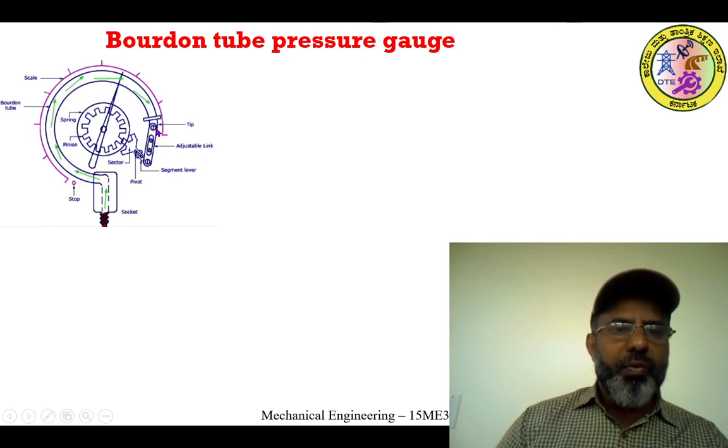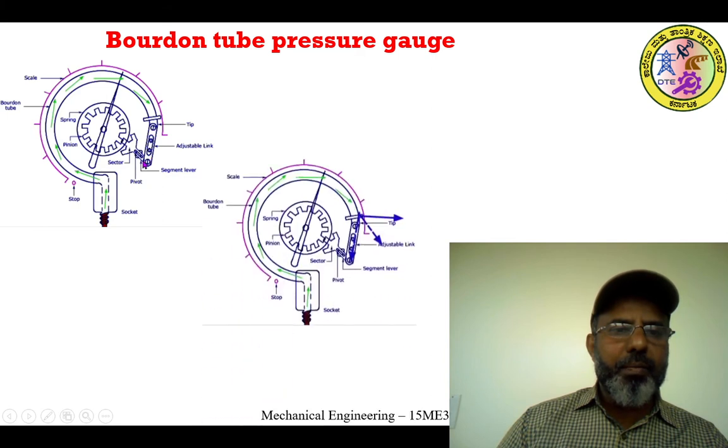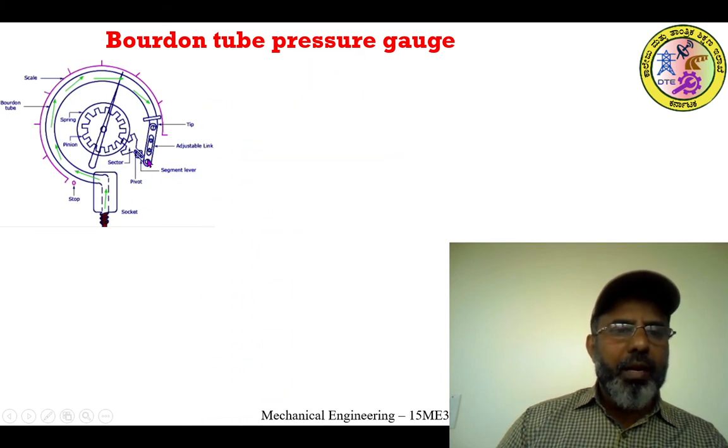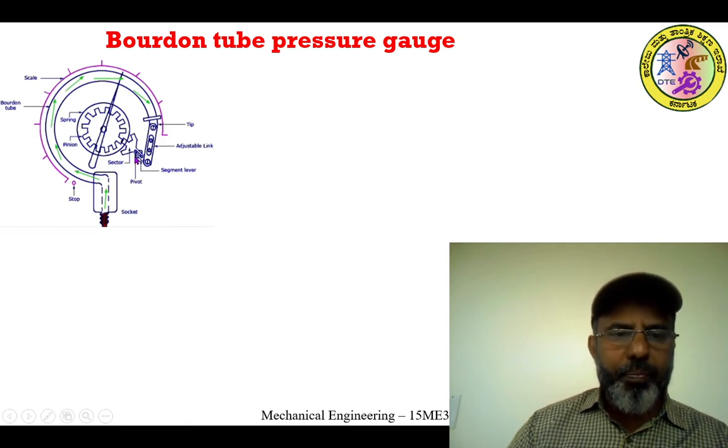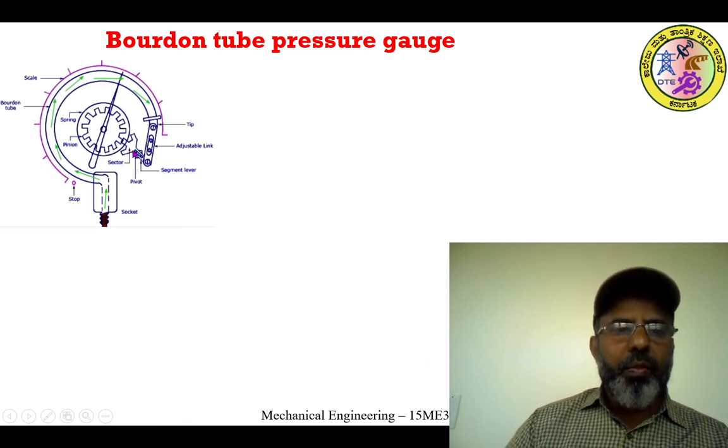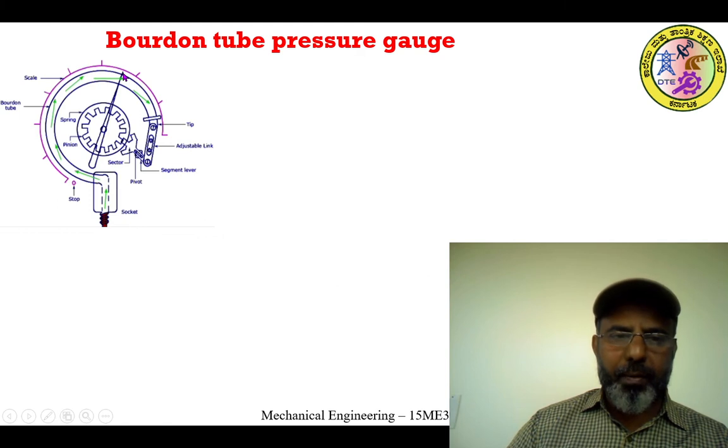At the free end, an adjustable link is attached to the closed end of the Bourdon tube. Then this sector is pivoted and connected to the adjustable link, and this pinion is mounted on a shaft. To this pinion, a pointer is connected.